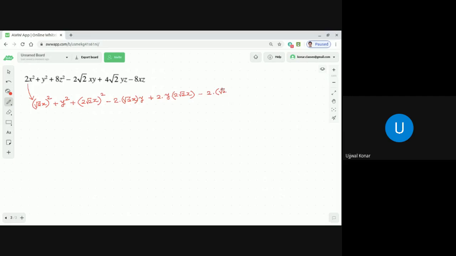Sorry, I should write like this: 2 root 2 into z and root 2 into x. Correct, no? Then what comes to your mind? What will it be? 2x plus y plus 2 root 2z whole square.